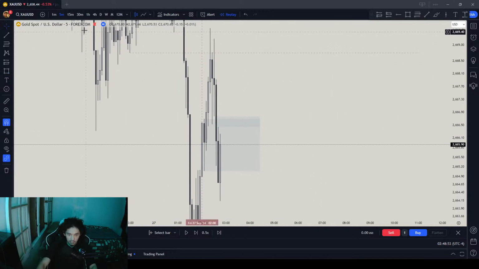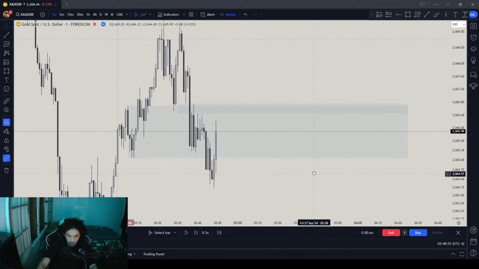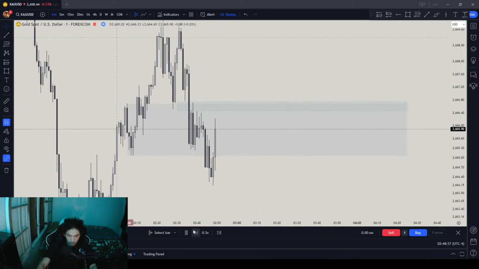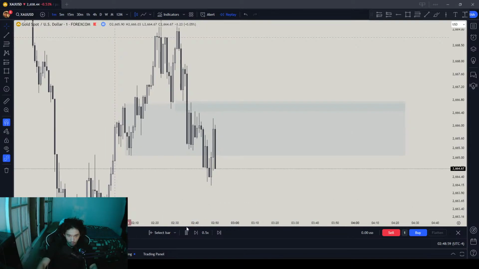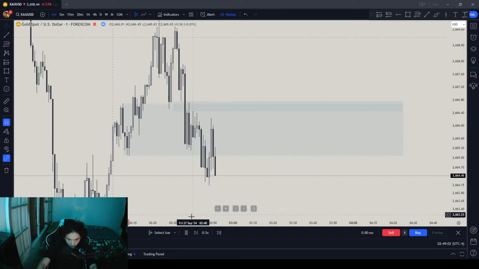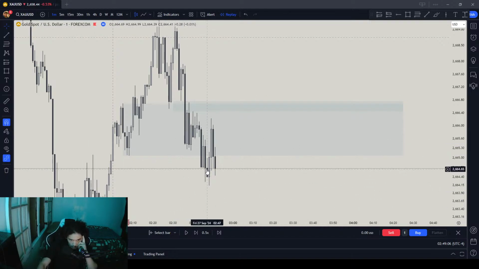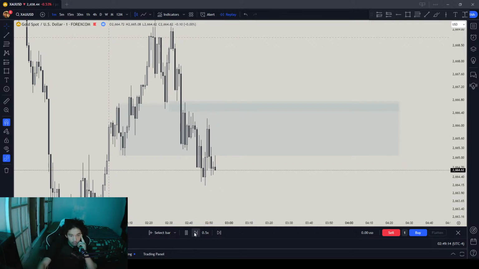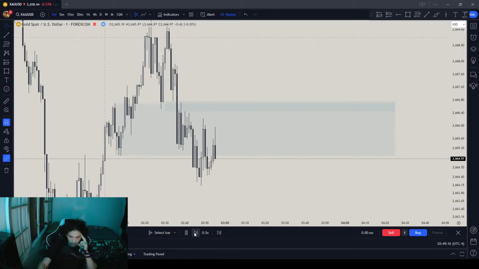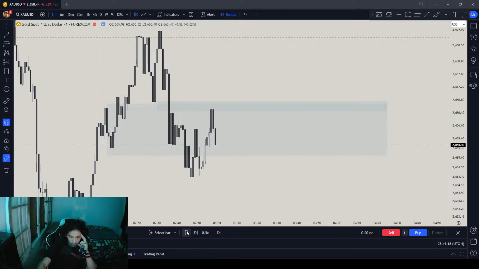So now I've got to tap into it. I'm looking for execution on the 1 minute. Did the 1 minute break structure up? One minute broke up, looking for a regular short back to the downside of the fair value gap, which I never got over here.